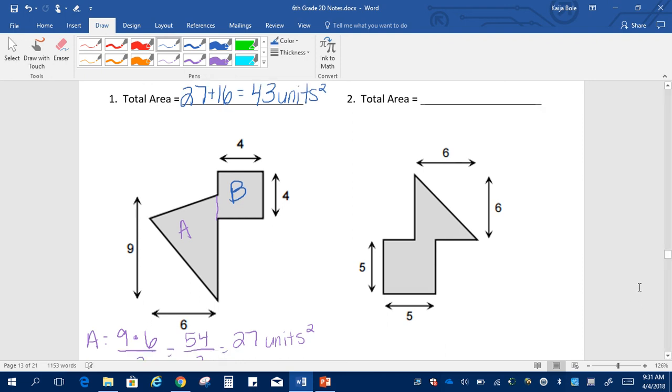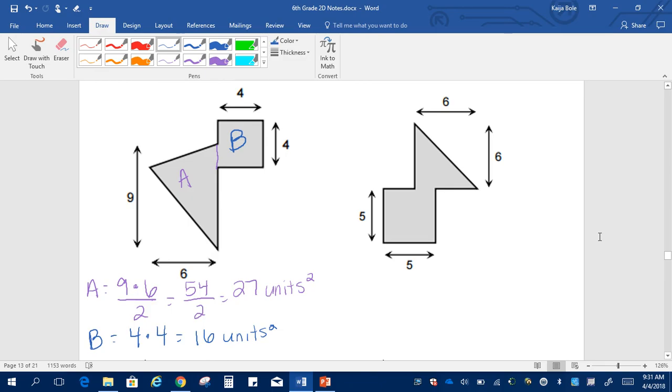Alright, number 2 here, again we're going to have a triangle and a square, so I'm going to call our triangle A, and our square is going to be B. For part A, the triangle, we're going to have 6, our base, times the height, which is 6, divided by 2. So 36 divided by 2, which gives us 18 square units.